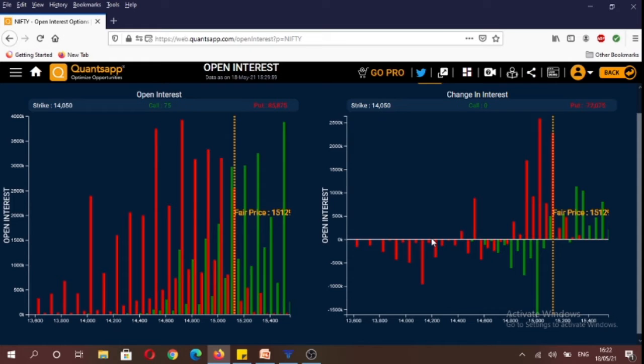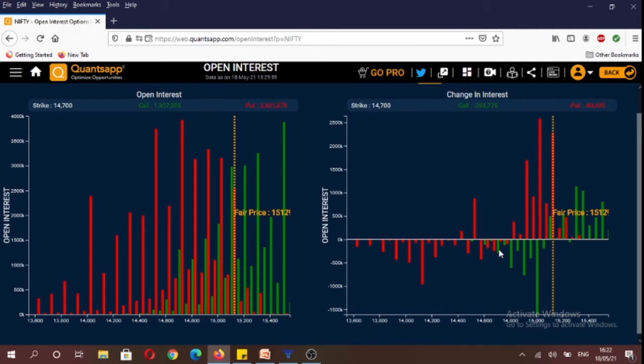If you look at the intraday changes in open interest data, you will see that deep in the money puts, the put option writers have booked their profits, and put buyers have booked their losses. You will also see that the highest amount of puts were written at 15,000 strike.